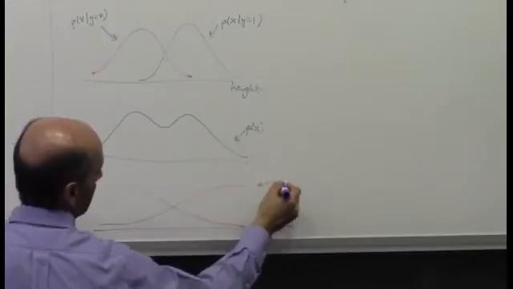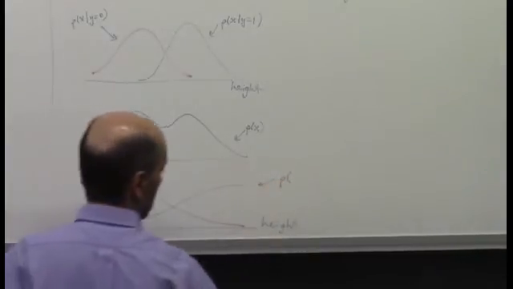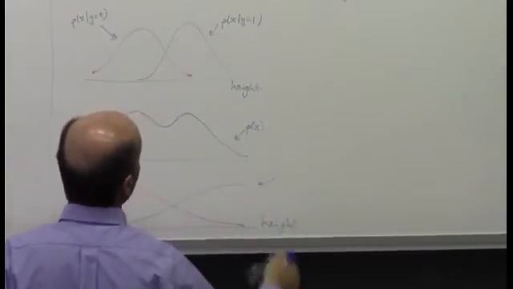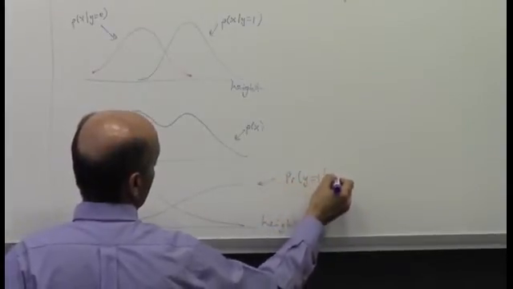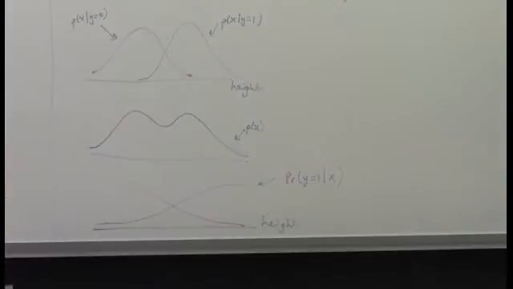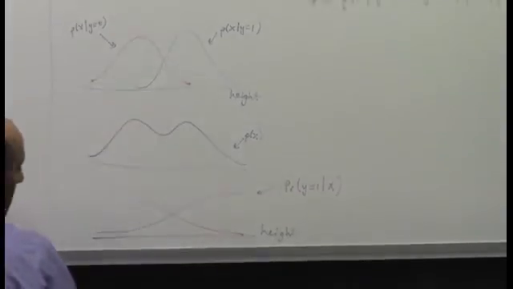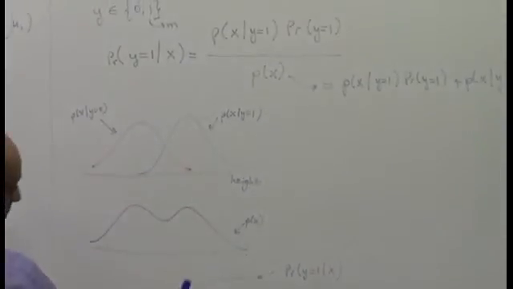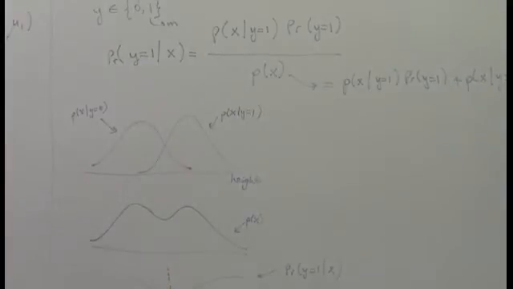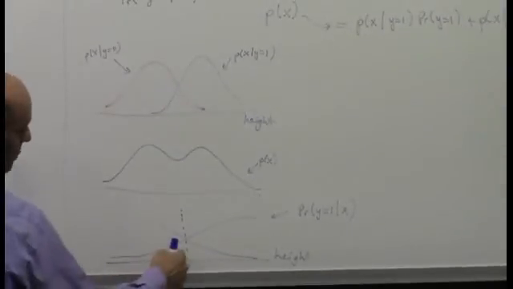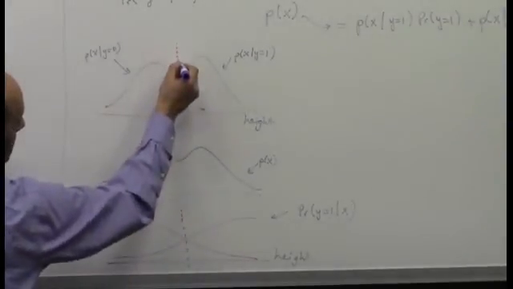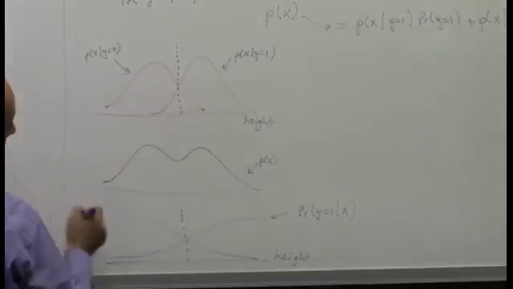And this is now the probability of male given a particular height. You notice that the place where these two lines cross is going to become your decision boundary.